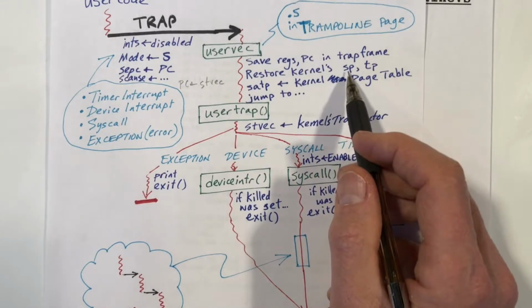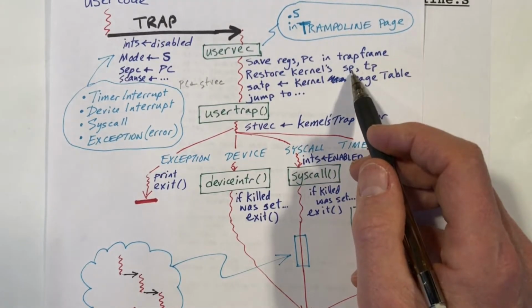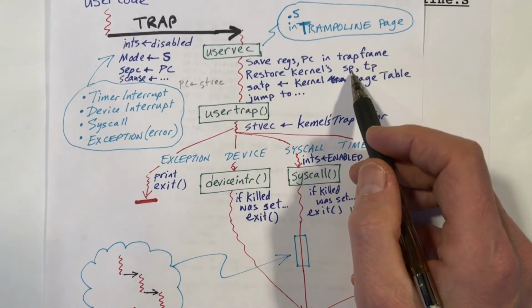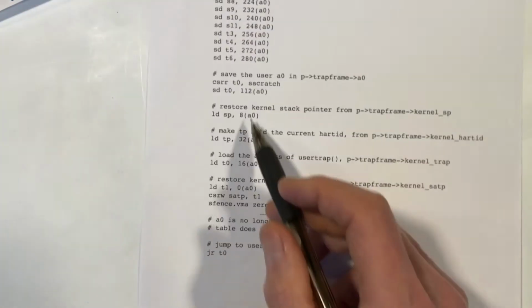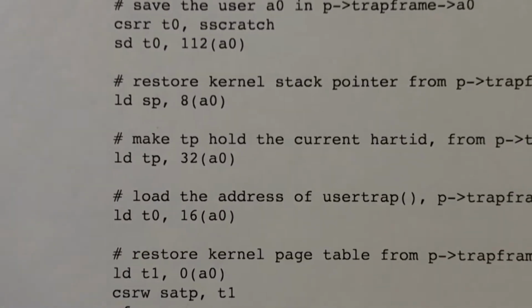Or more precisely, we're loading a pointer to the top of that page. Remember that stacks grow downward, so we're essentially loading SP with a pointer to a completely empty stack. And so that's what happens at this point here.